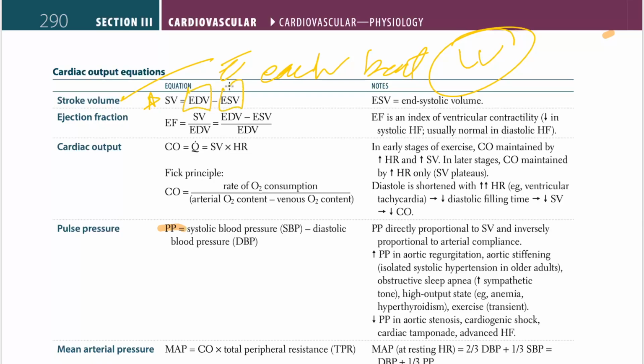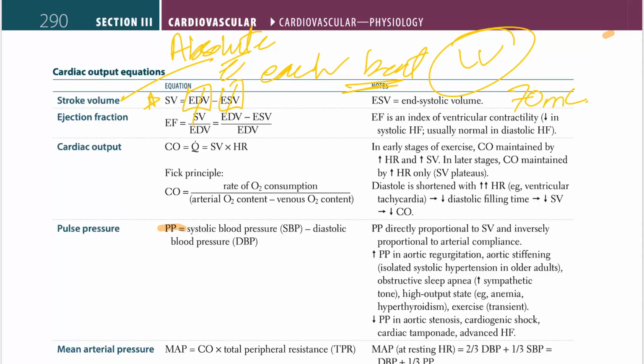End diastolic volume minus end systolic volume gives us the stroke volume. This is the absolute amount of blood that goes out of the left ventricle with each beat. And what is normal stroke volume? It's about 70 ml with each beat.